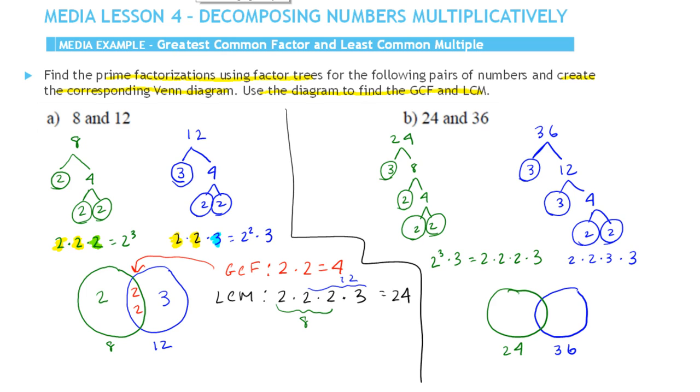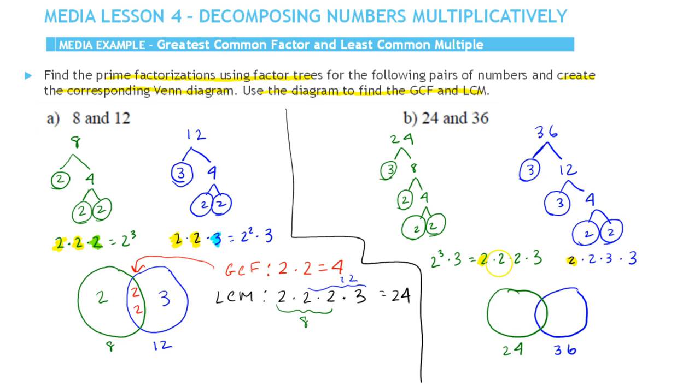So now we're going to start making the Venn diagram by writing the numbers in the intersection. So I have a highlighter ready, and I'm just going to scan through. I'm going to start with 24, and anytime I see a factor of 24, I'm going to check to see if 36 has it and highlight it. So I'm going to make sure I do that as I go, because remember, they can have repeated factors. So we have a 2 here and a 2 here.